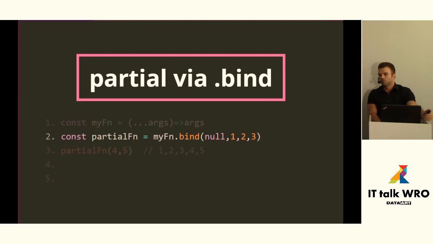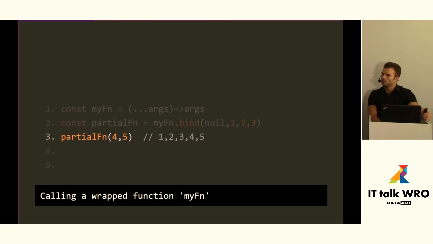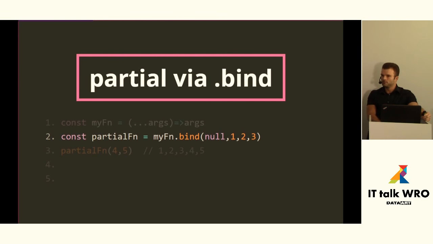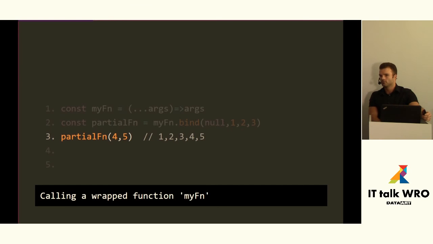I decided to wrap my function in another one and create a prefilled function with arguments 1 to 3. And when I call that function with 2 additional arguments, we will see 1, 2, 3, 4, 5. It's because 1 to 3 were prefilled, and 4 and 5 we pass after it.